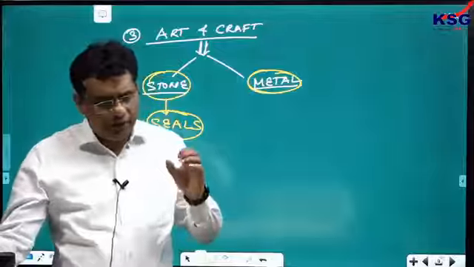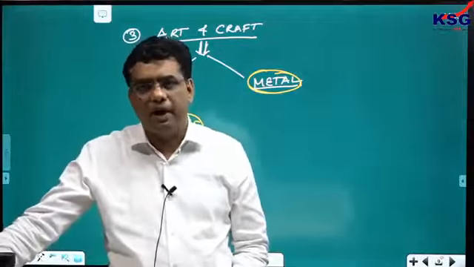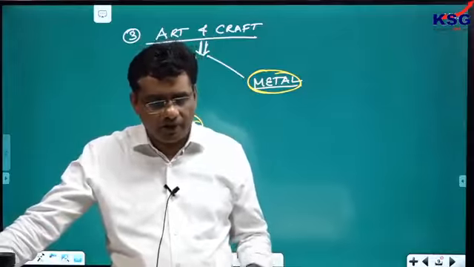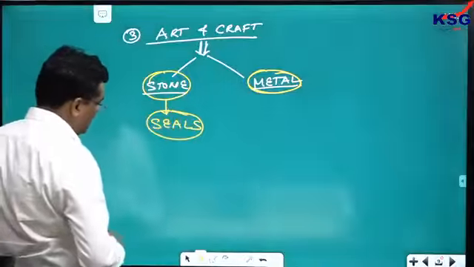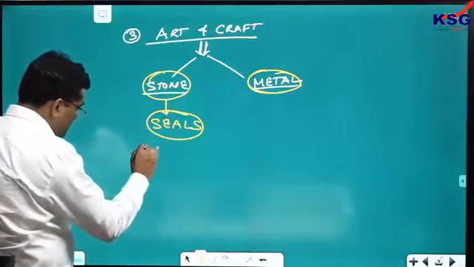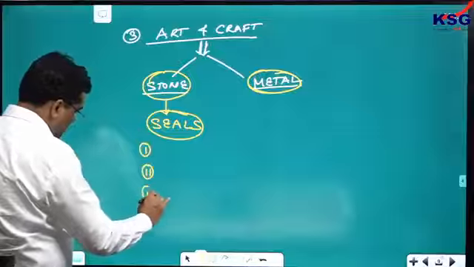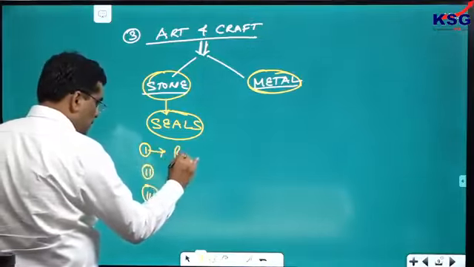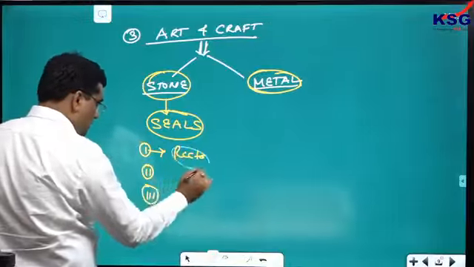I hope you have seen seal marks in offices, and thereafter you sign. Every seal of the Government of India or private offices is a seal. So here they had many seals. There are 3 types of seals: rectangular, square and circular. Should I write in capital letters?